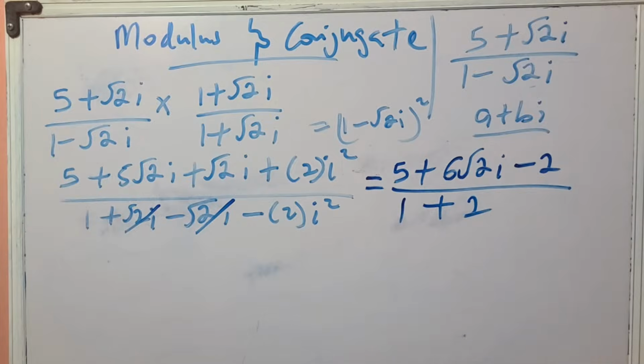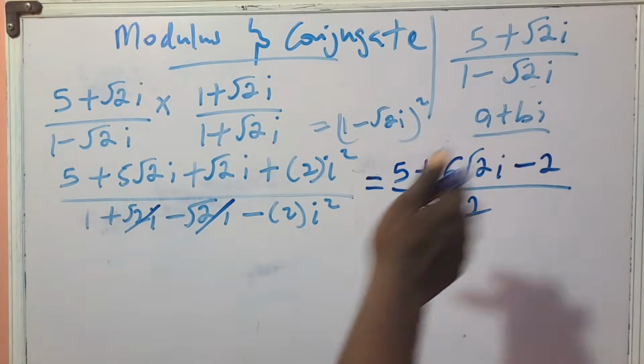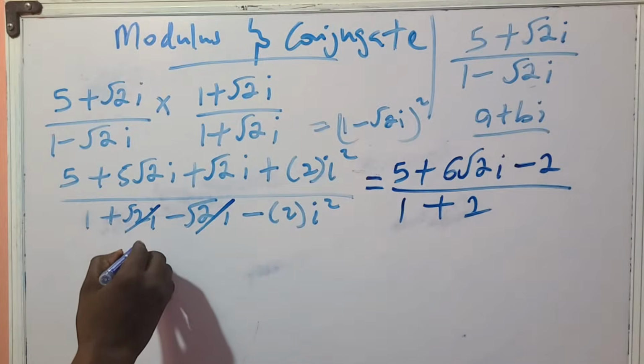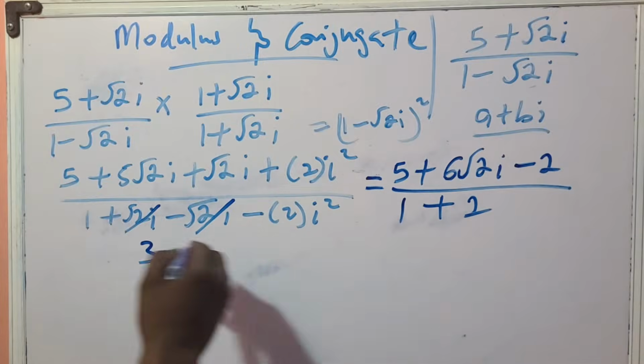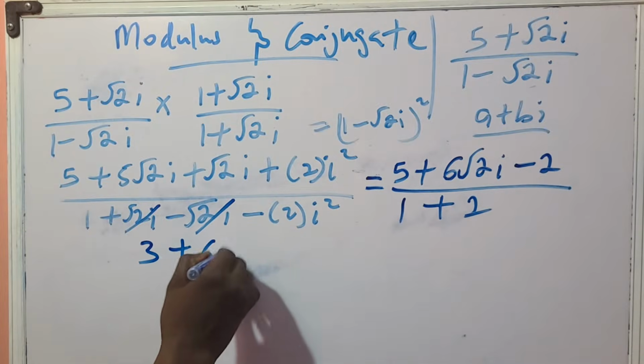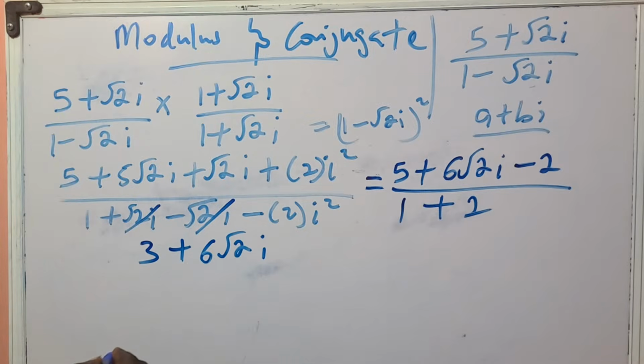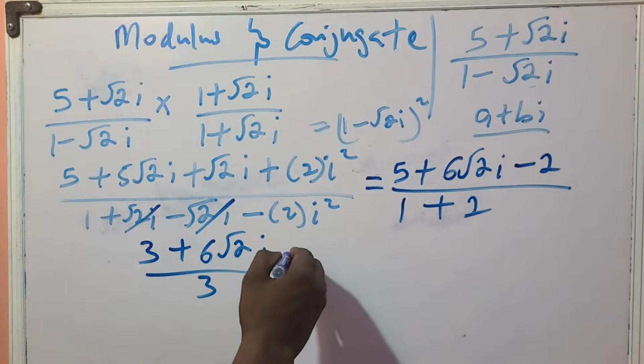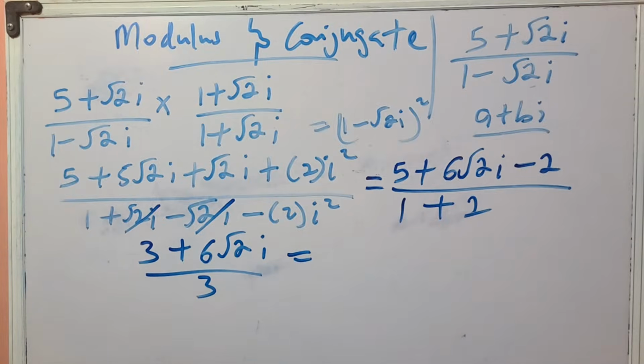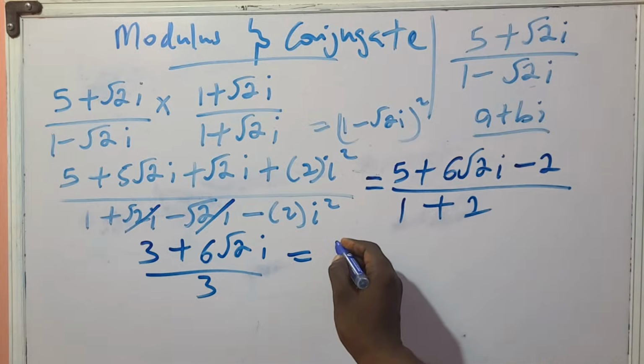All right. So this is how we solve it. Looking at the like terms, this is 5 minus 2. 5 minus 2 will give me my value of 3. And then we'll be left with plus 6 square root of 2i. And everything will be over 3. Now we can move on by finding the factors common to both values in the numerator, and we can see 3 is common there.